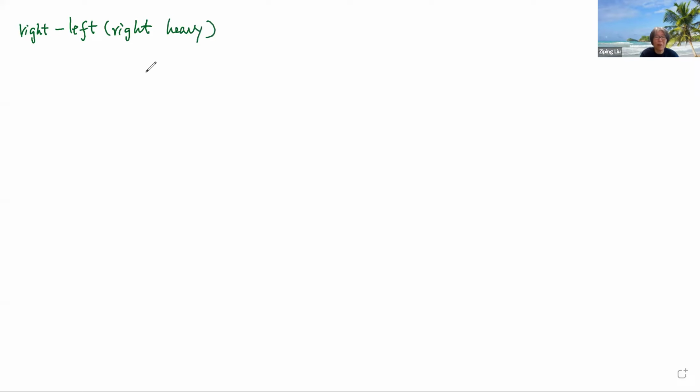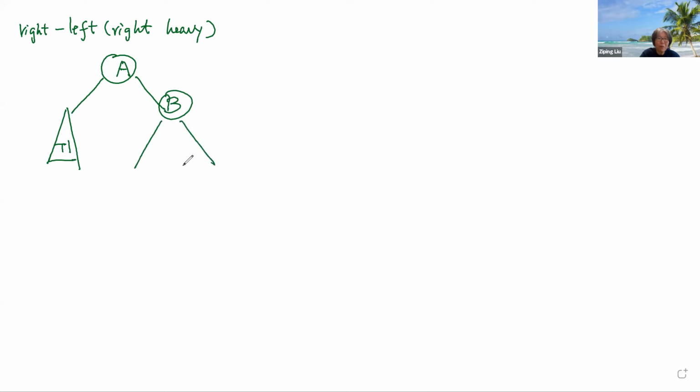We have node A and then T1, and we have node B. Here we have node C. This time node C is not on B's right, it's on B's left.